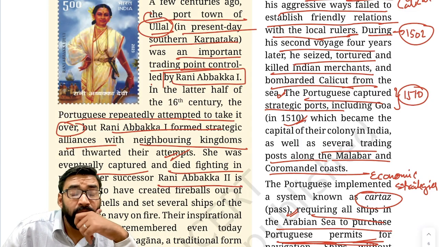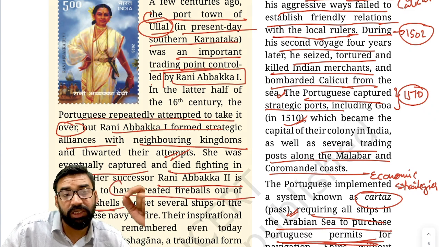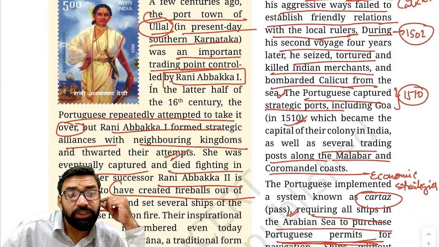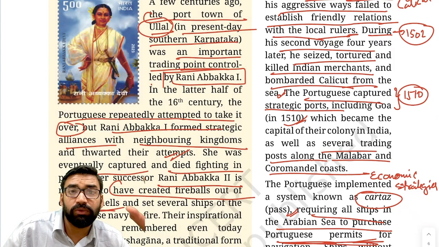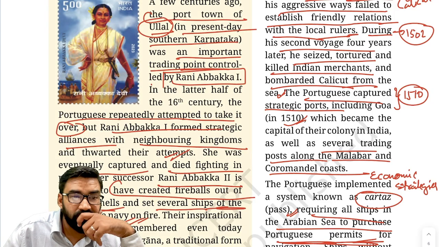Clear? Now, it is said that Rani Abbakka II created fireballs out of coconut shells, and she actually used those fireballs to set several ships of the Portuguese Navy on fire. Fine.